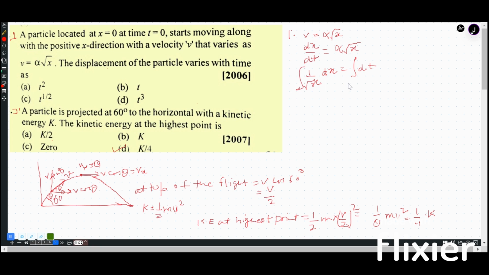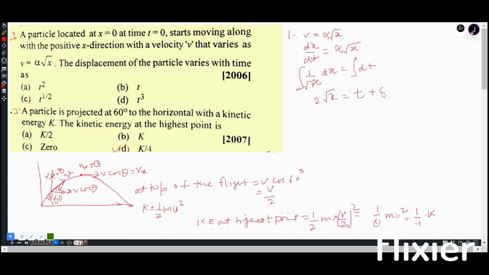The integral of x^n dx is x^(n+1) divided by n+1. So that is x^(minus 1 by 2 plus 1), which is x^(1 by 2) divided by 1 by 2. The 2 comes up because it's in the denominator. So it becomes 2 root x is equal to alpha t plus c, which is some constant.